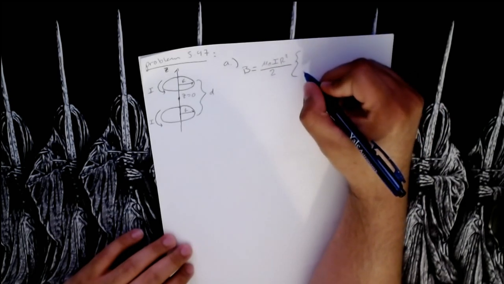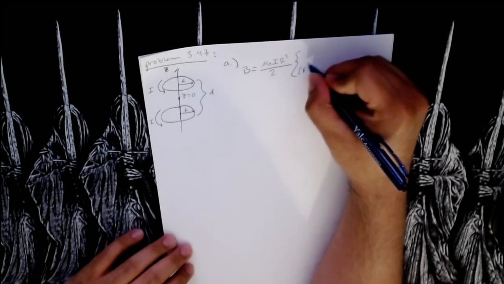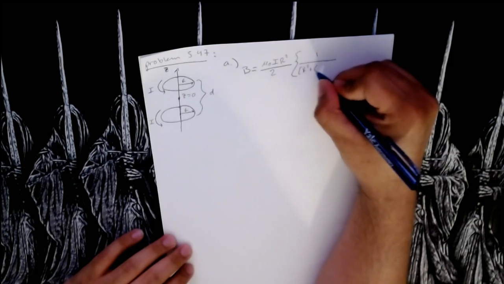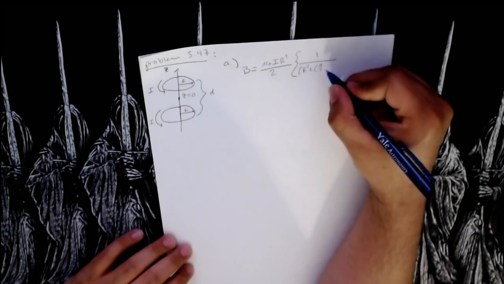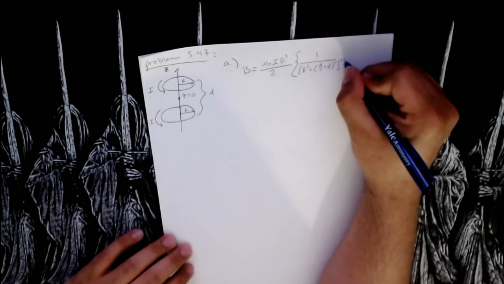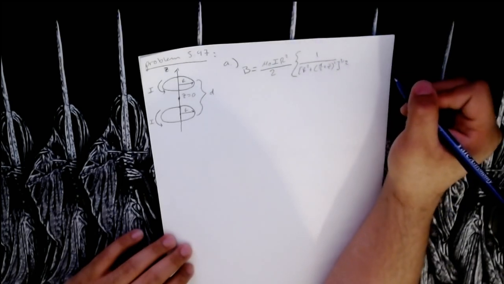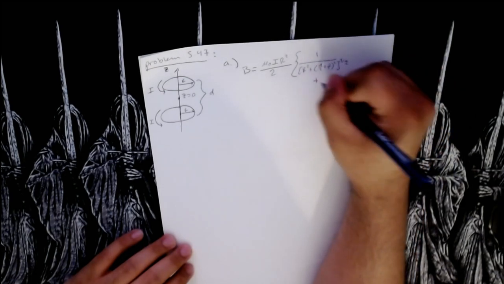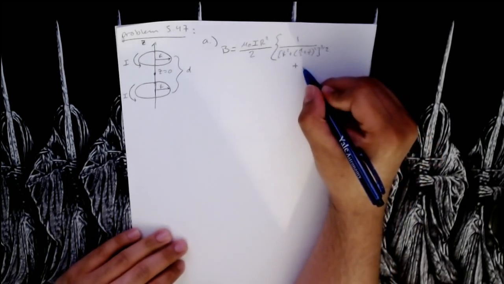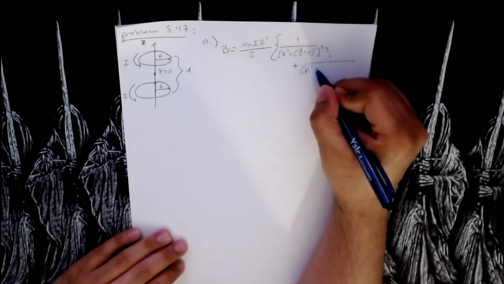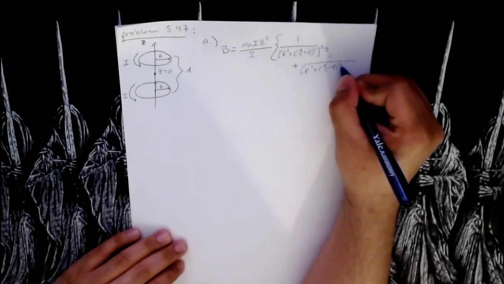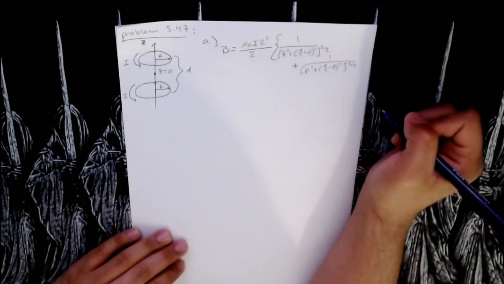So the first factor is going to be 1 over r squared plus (d/2 plus z) squared, to the 3/2 power, plus pretty much the same factor, 1 over r squared plus (d/2 minus z) squared, to the 3/2 power.